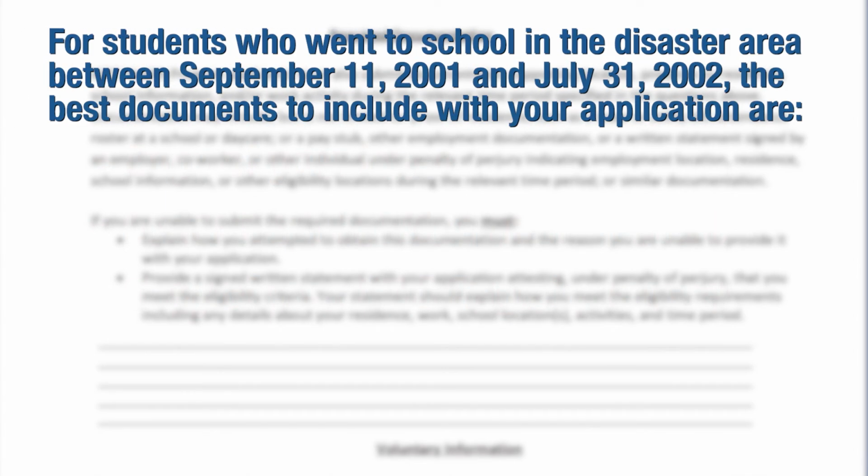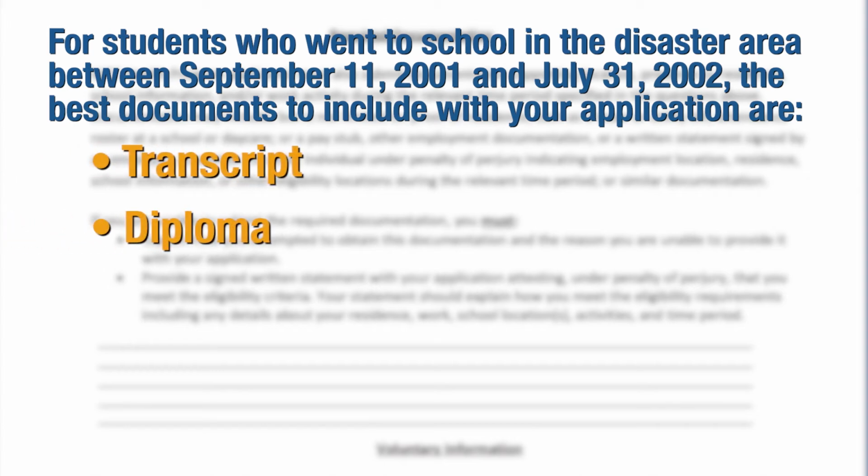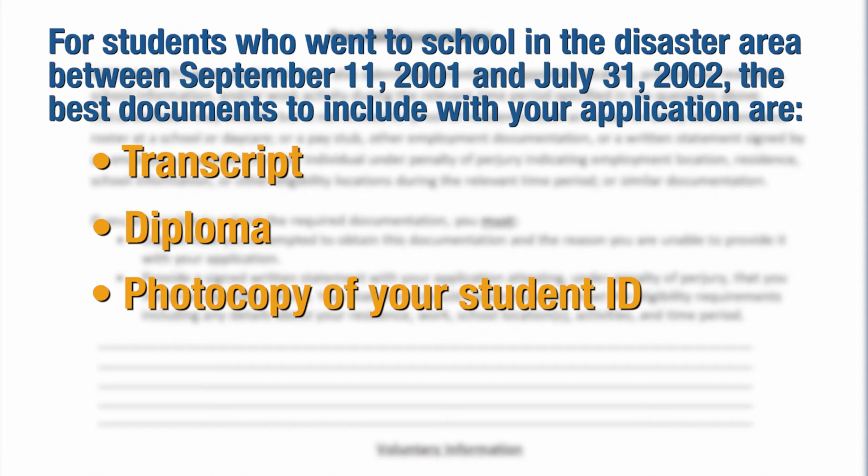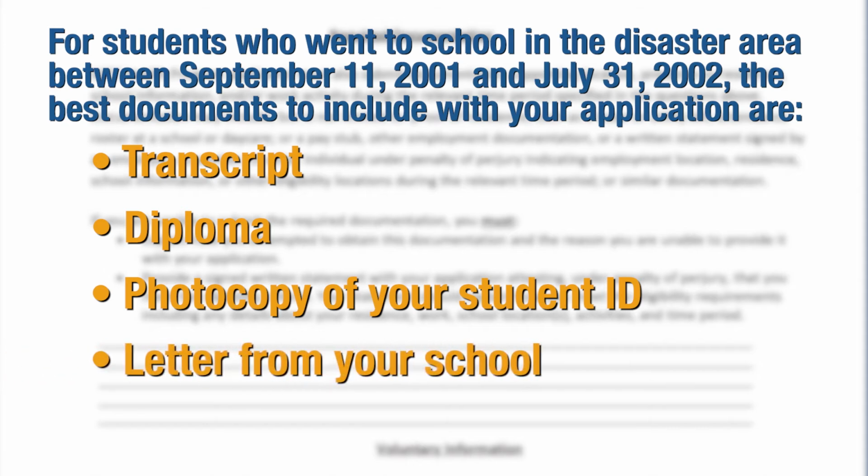For students who went to school in the disaster area between September 11, 2001 and July 31, 2002, the best documents to include with your application are a transcript, a diploma, a photocopy of your student ID, or a letter from your school. Any documentation provided must verify the physical school location or address and the date range you attended school there.